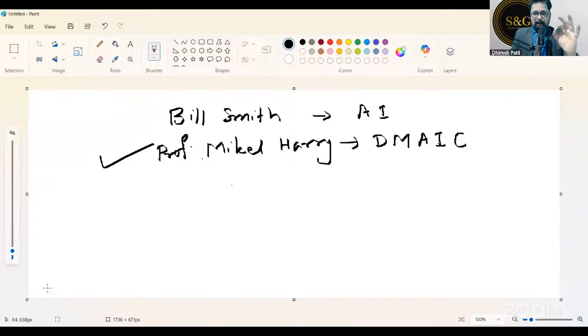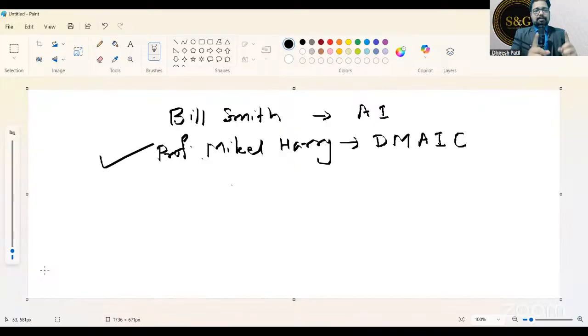So today's topic is the control chart. Can you please mention the reference from your given notes? It is an important topic.